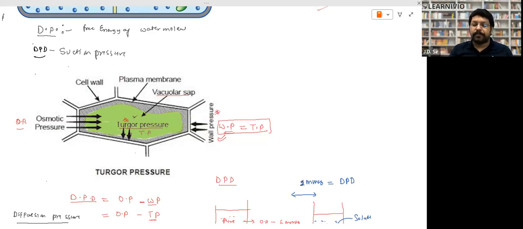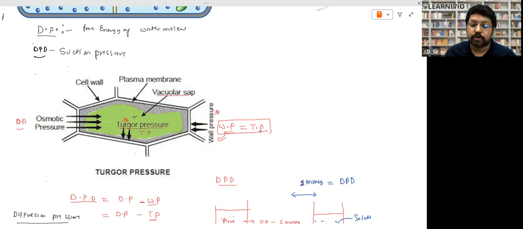Like a balloon: you blow air and fill it, and the air imparts pressure on the wall of the balloon from inside. You will call it turgor pressure, TP. Now the wall will put pressure inward, from outside to inside. This is called WP, wall pressure.